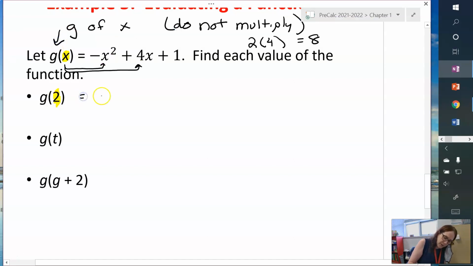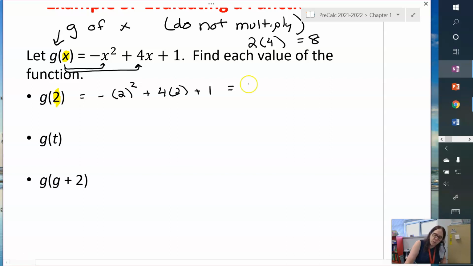So this is going to equal negative 2 squared plus 4 times 2 plus 1. Everywhere there was an x, I put in a 2. And then I'm just going to evaluate that. I'm going to get a negative 4 plus 8 is 4 plus 1, 5.